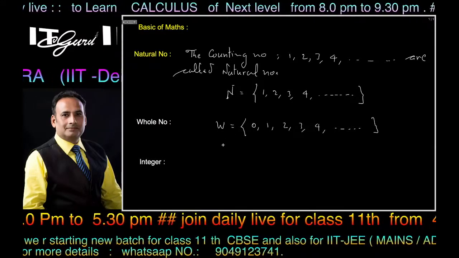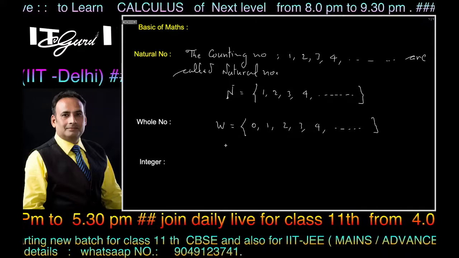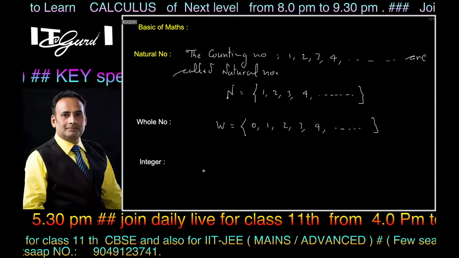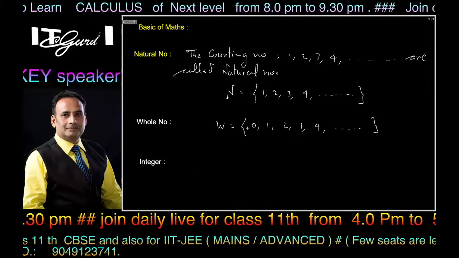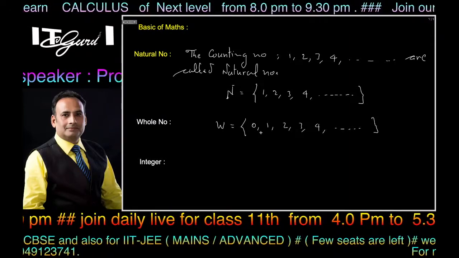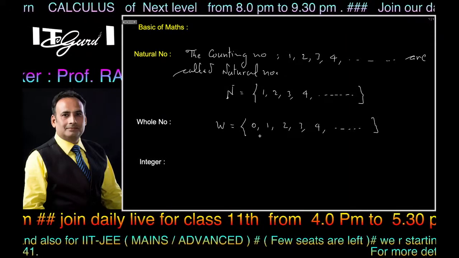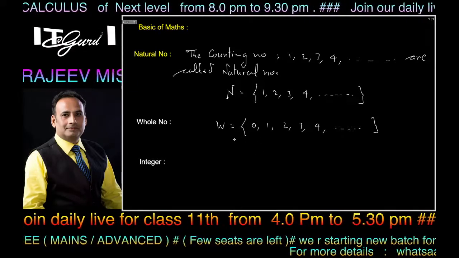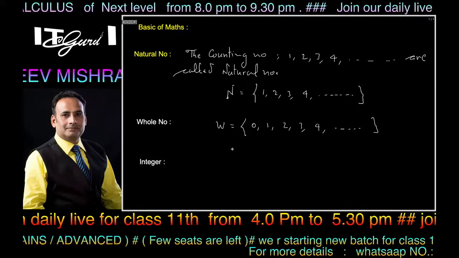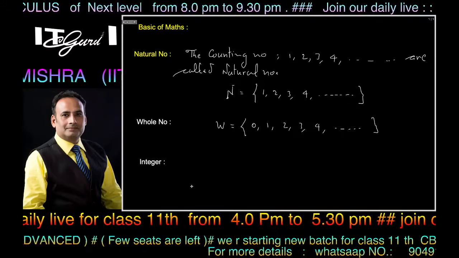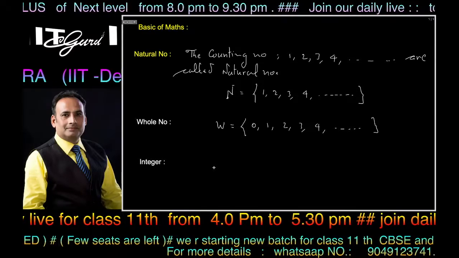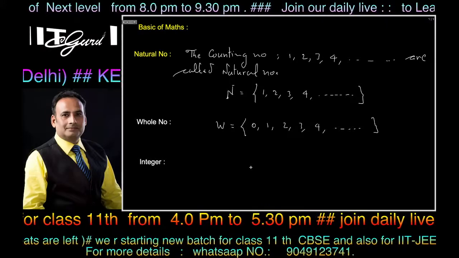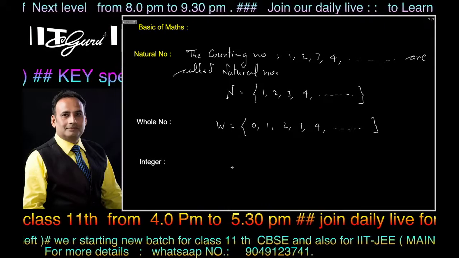Can we? It is therefore necessary to extend the set of natural numbers. So we shall introduce new numbers into consideration. The natural numbers with the minus sign, that is numbers of the form minus n, where n is a natural number, we shall call negative integers. So the set of numbers consisting of all the natural numbers, 0, and all negative numbers is known as the set of integers, and is denoted by the letter I.